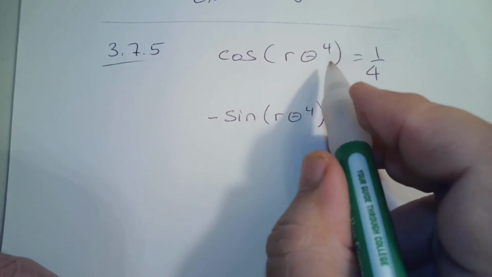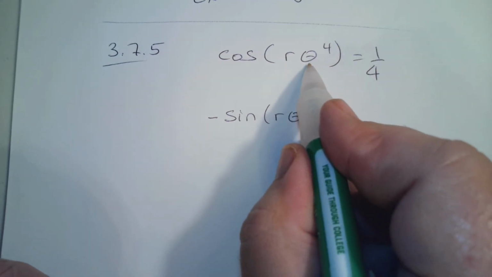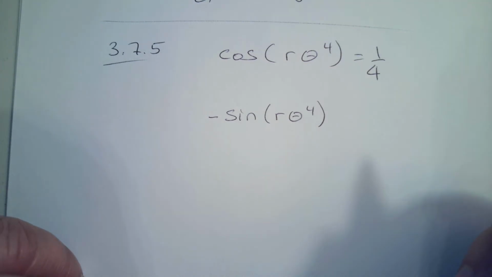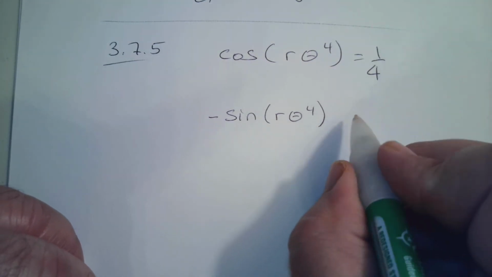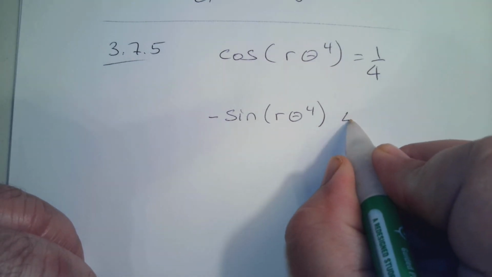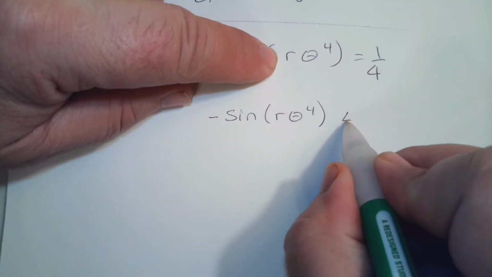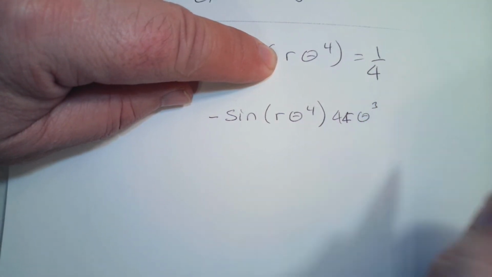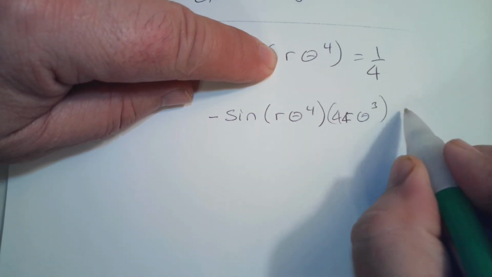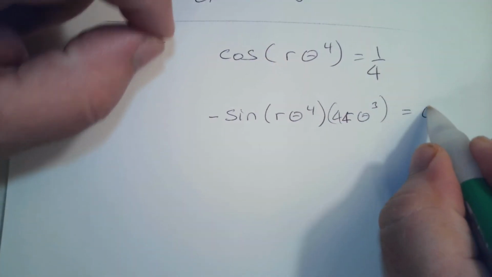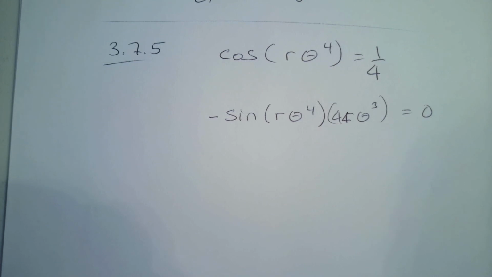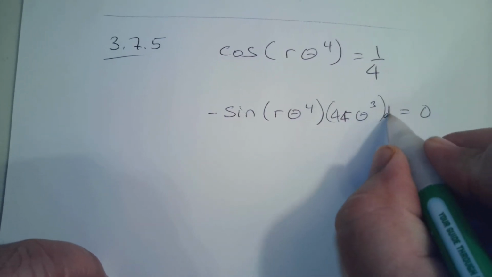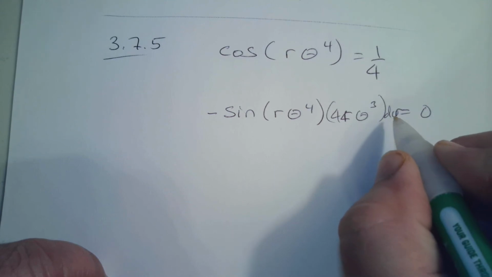Derivative of the inside is with theta. So we have r theta, so it's 4r theta to the third. Derivative of constant is 0. dr.